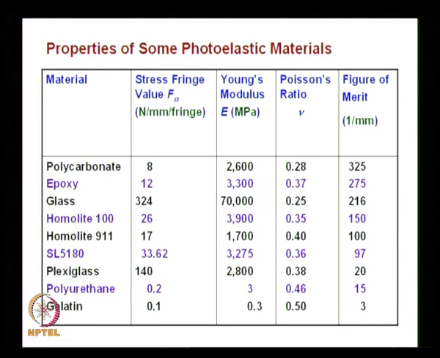And with recent advancements in stereolithography, you have this SL 5180 that has, compared to the common photoelastic materials, a high F sigma value, and it has a figure of merit of 97. And if you look at the Poisson ratio, the polycarbonate is much closer to metals.